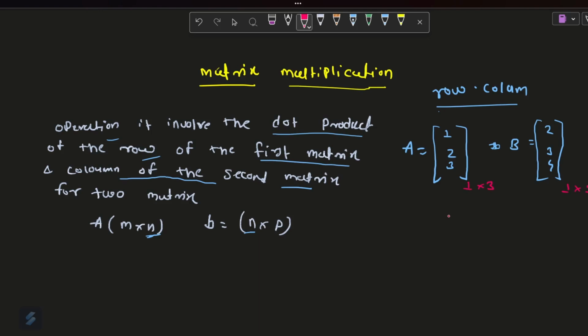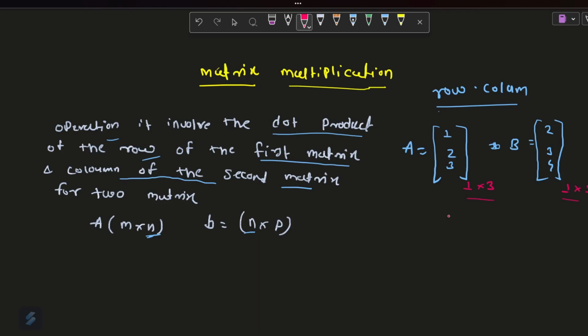In that case, we can't do the matrix multiplication, because the rows and columns are similar.